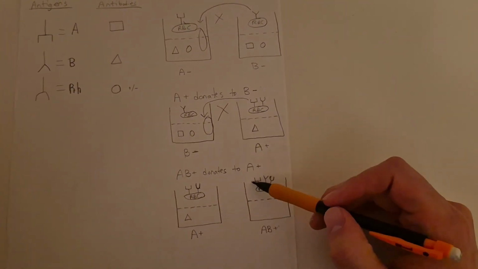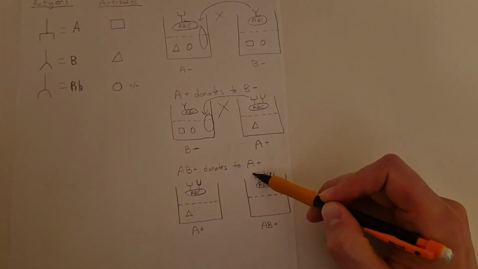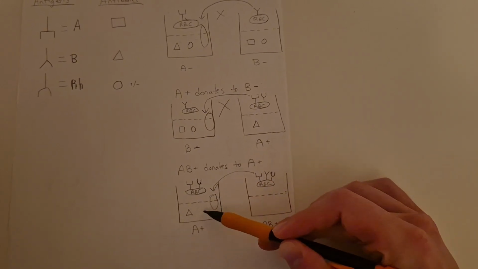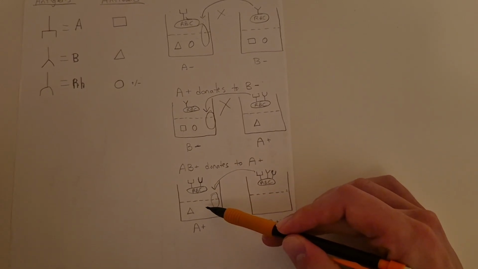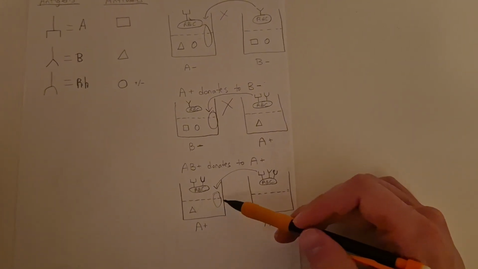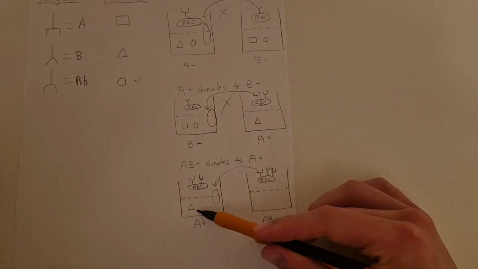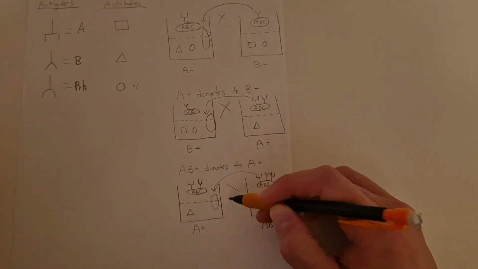Okay, so we take this RBC with everything on it and we donate it over here in the solution in this area, and we will still be unsuccessful because we have the B antigen binding to the B antibody. So this is another no-go.